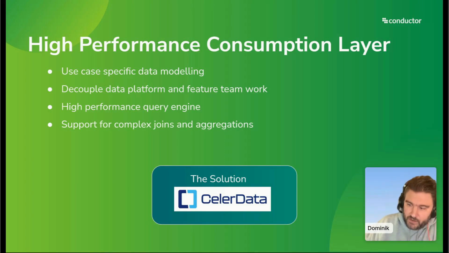The teams that own the use case can model and slice and dice the data as they need it, while the data platform teams can provide the data in a more general-purpose way and model the data close to the domain. Here we definitely have high performance requirements. We need a high-performance query engine, and we need support for complex joins and aggregations.